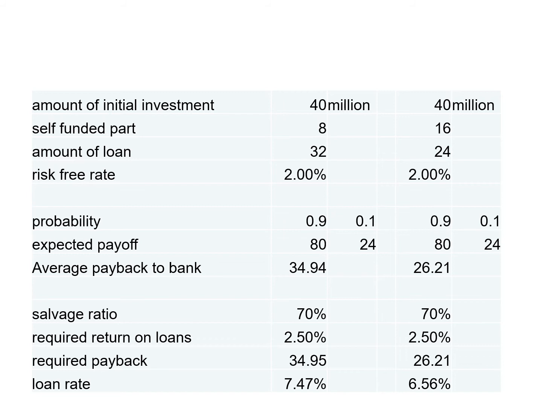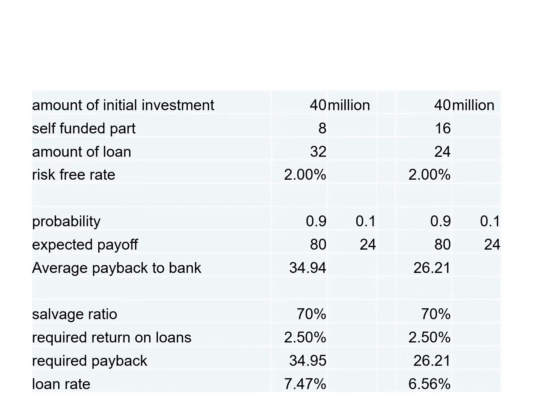And then we can calculate salvage ratio is 70%, required rate of return is 2.5%, and the required payback, one is 34.95, the other 26.21. And we get loan rate. How do we calculate loan rate?